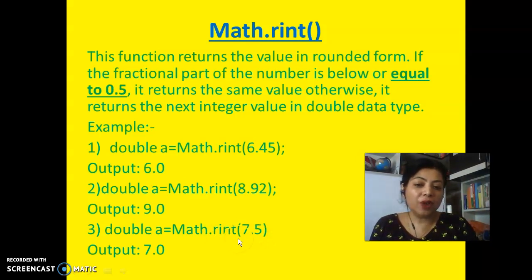In rint, up to 0.5, no increment, only 7. If it is 7.6, then you increase by 1, which is 8. So I think it is clear what the difference is between round and rint.